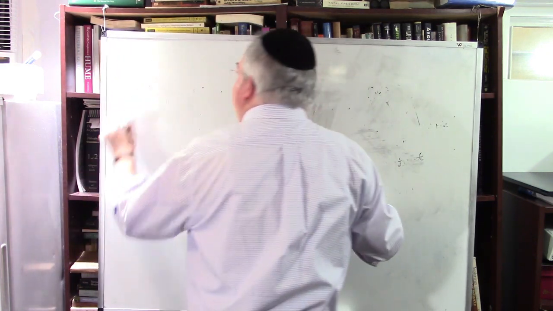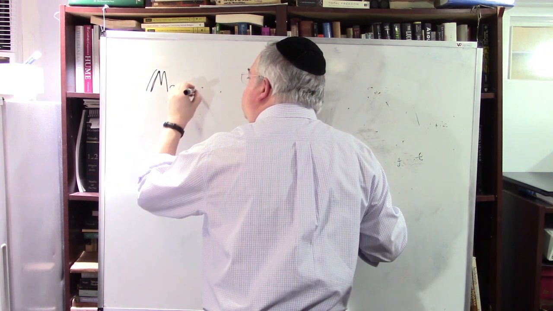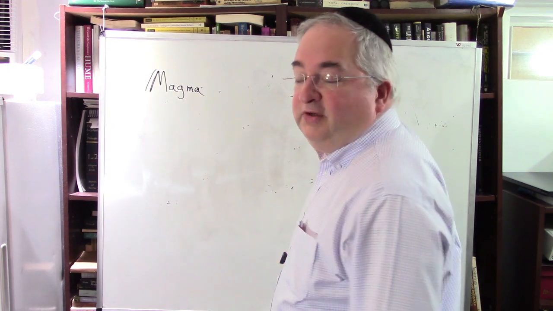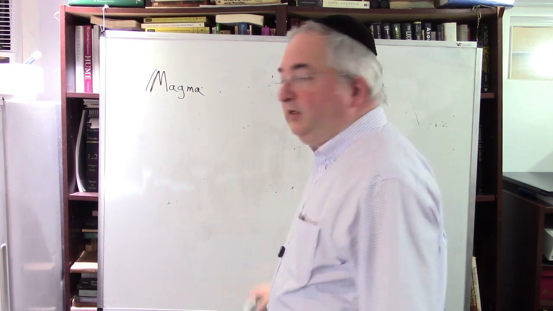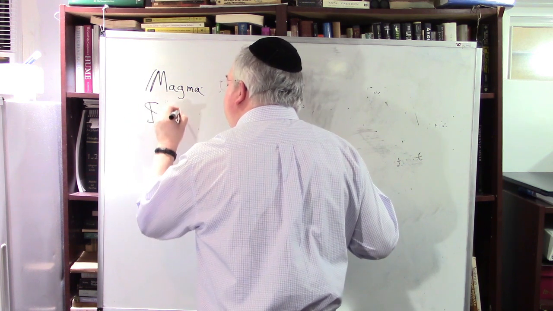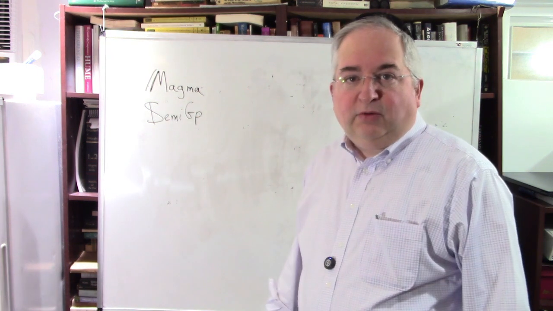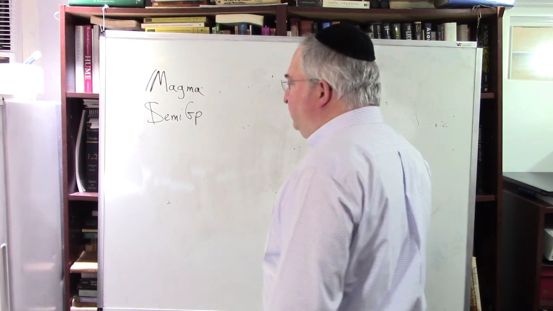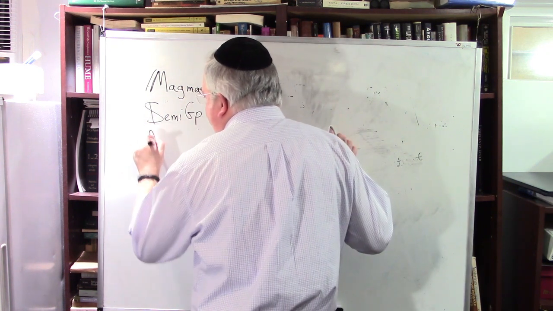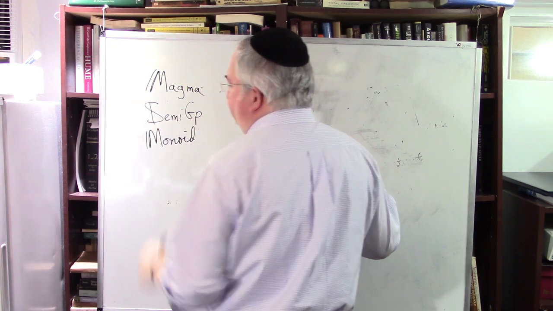So there's going to be a category called magma. The objects are magmas, the morphisms are magma homomorphisms. There's going to be a category called semigroup. The objects are semigroups, and the morphisms are semigroup homomorphisms. There's going to be a category of monoids, in boldface.